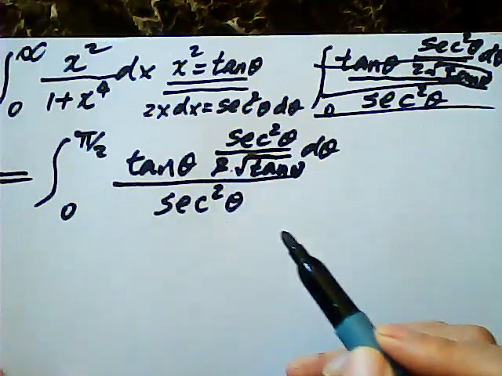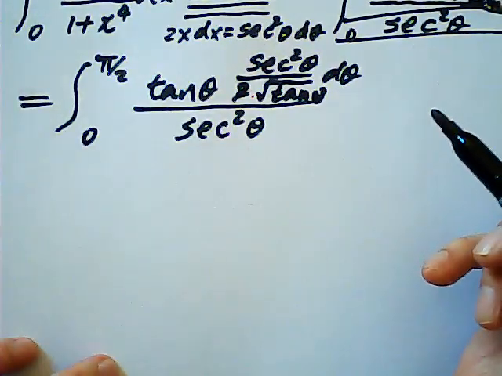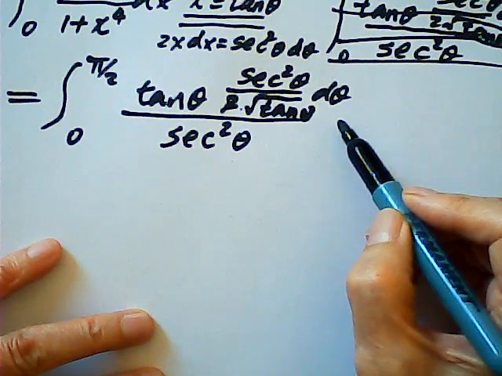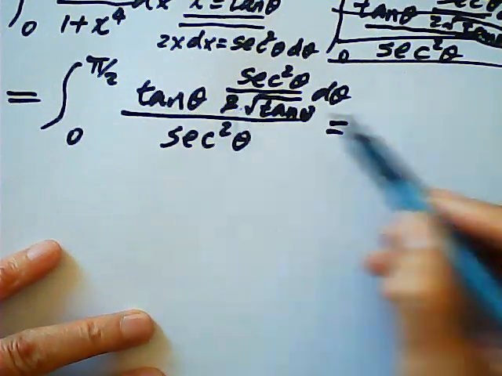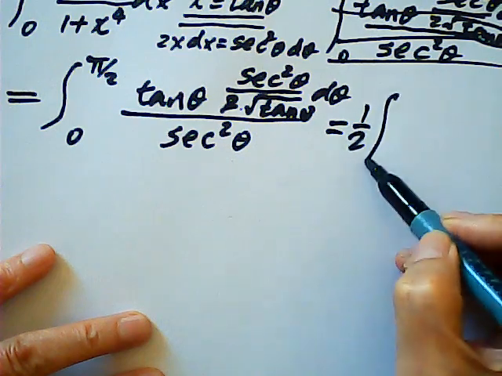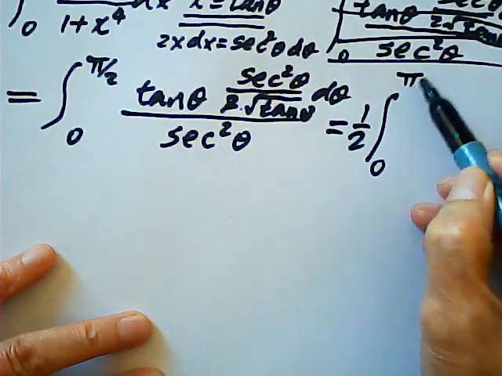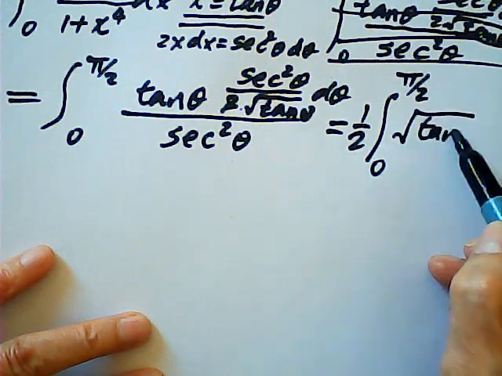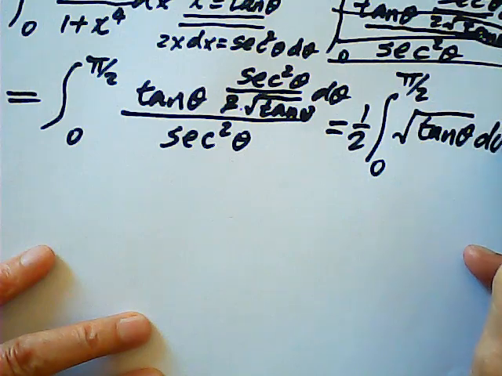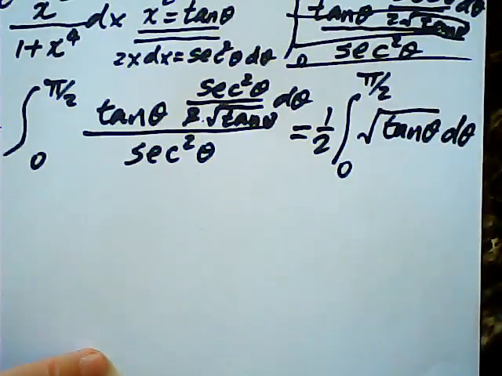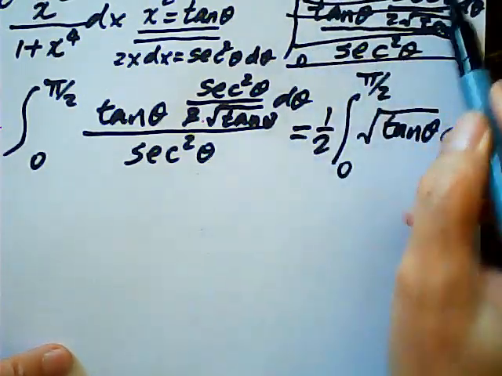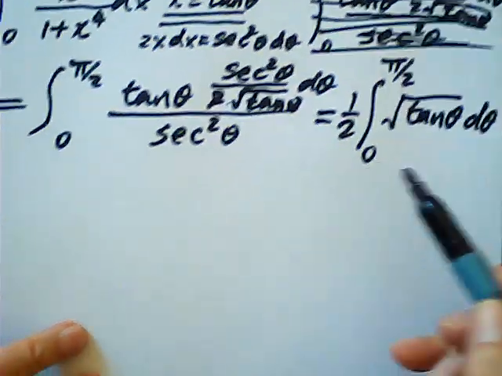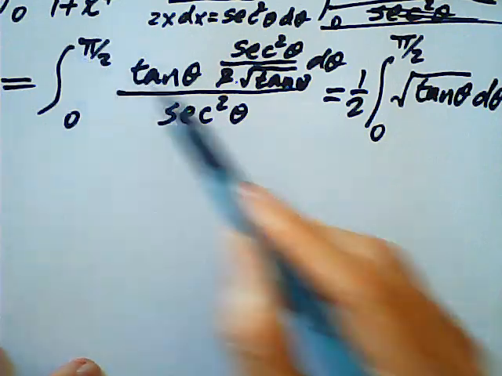Okay, a little better. So we end up with 1/2 integral from 0 to half pi square root tangent theta d theta. All right, I hope everything is clear now. So our integral becomes this.